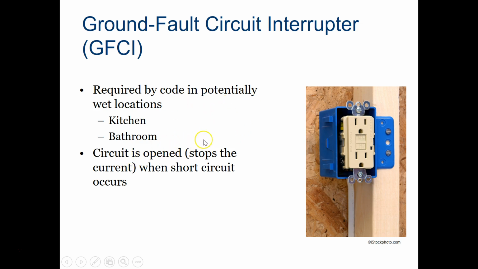The circuit is opened, in other words, it is disconnected when a short circuit occurs inside this receptacle or any receptacle that is tied into it down the line. So you can put this one in first, and then you can put two other receptacles on there.